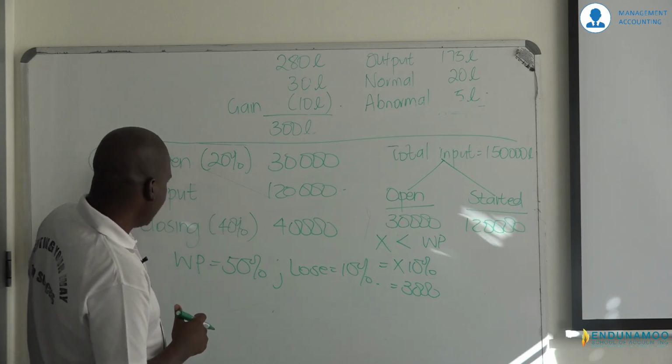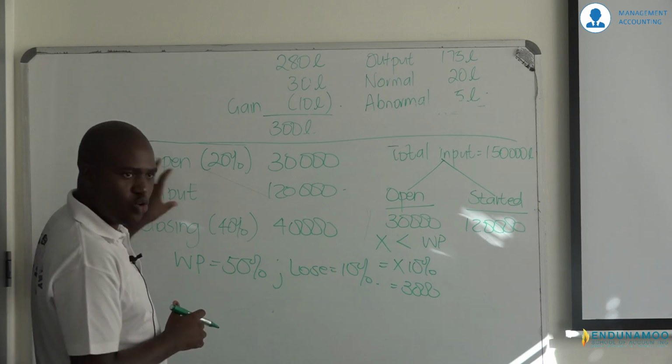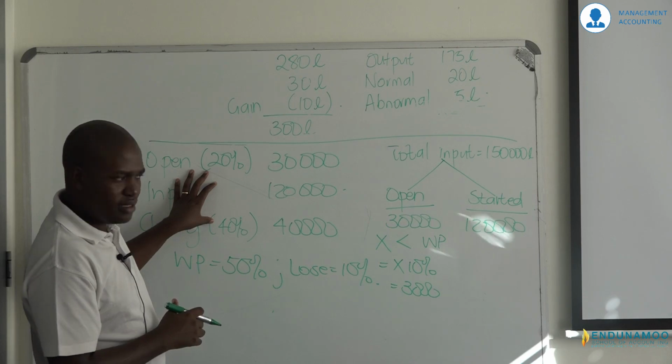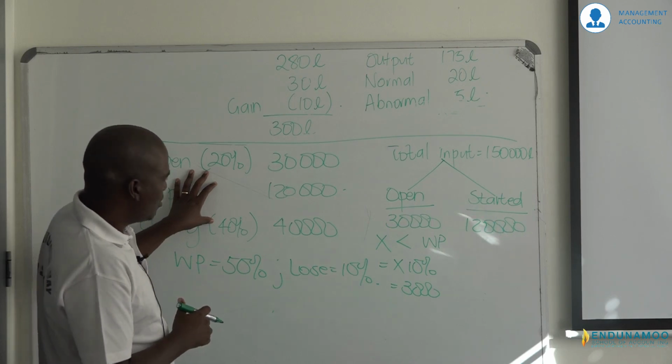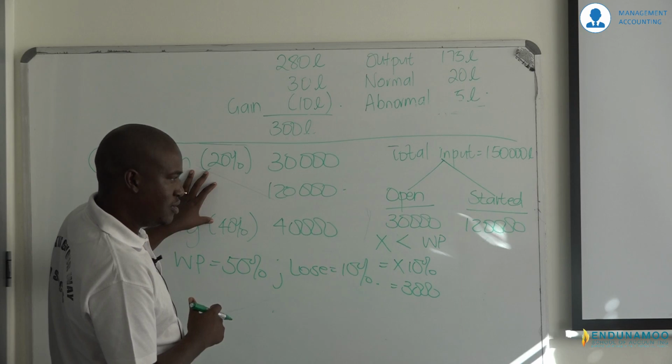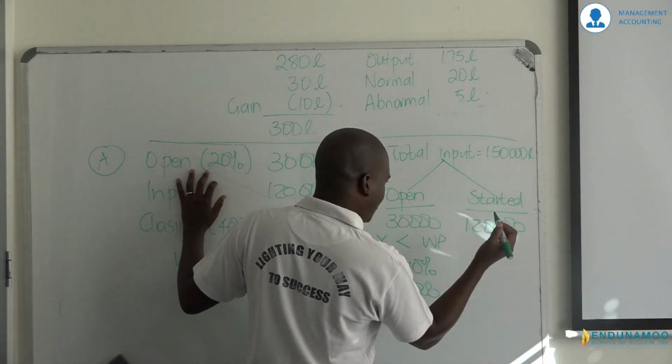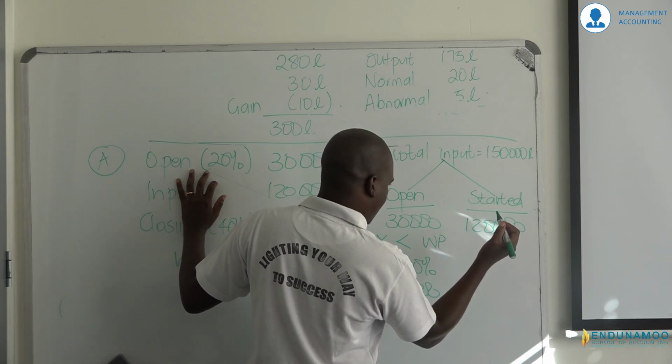So what did they say? Input only or input and complete? No, you have to do that closing. It doesn't go out into the 50. Oh, you started. Where is it?